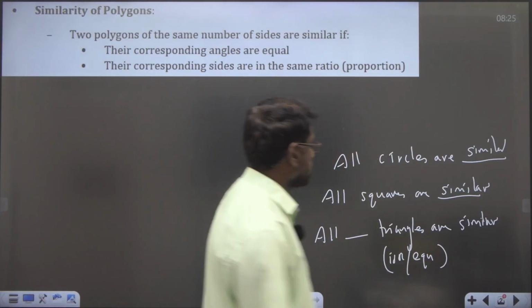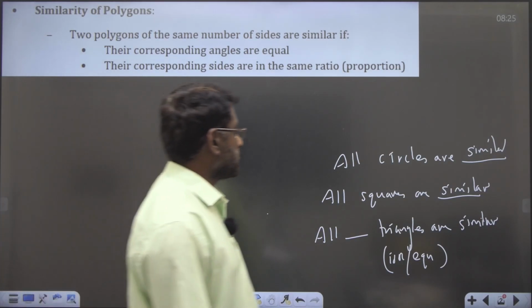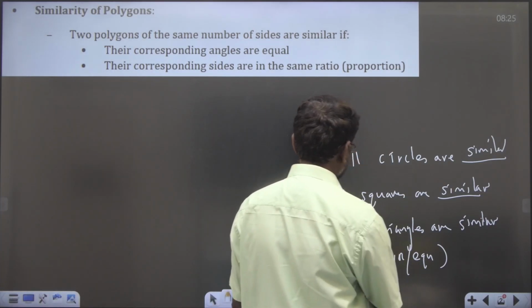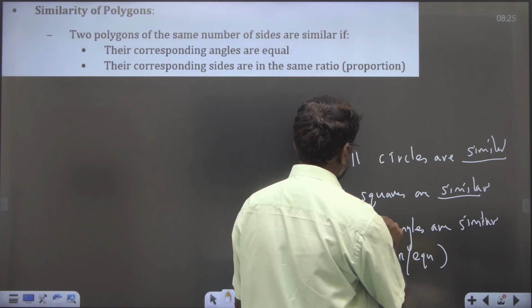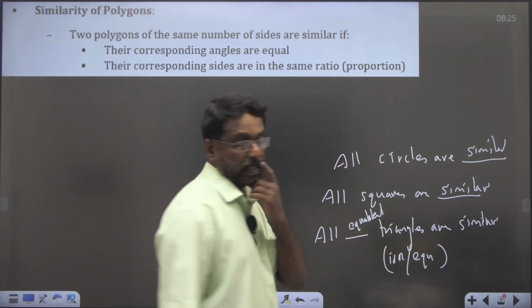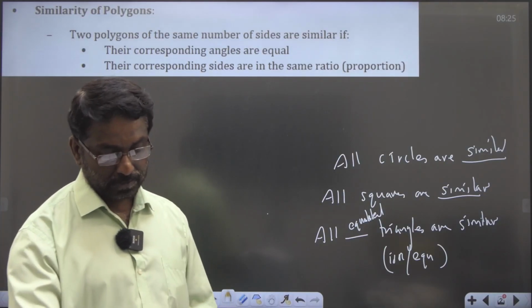What is the answer? Equilateral. All equilateral triangles are similar.